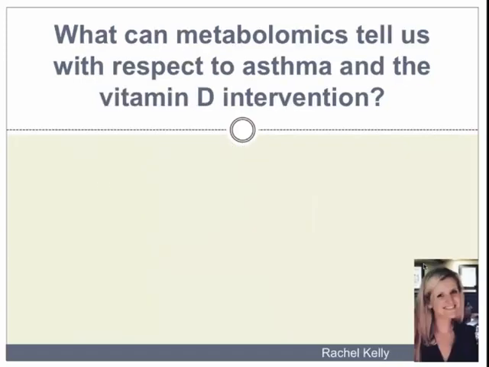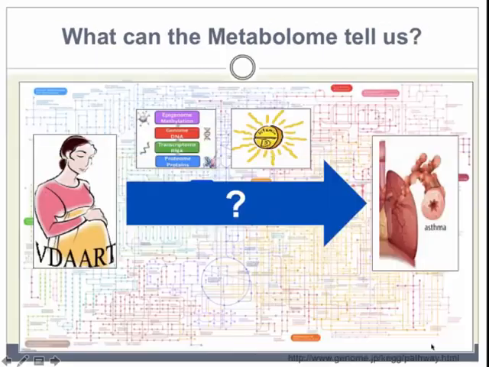So the next question we ask is, what can metabolomics tell us with respect to asthma and vitamin D intervention? And I just want to point out that this is really the initial intent of the trial, right? How can we see how vitamin D levels during pregnancy influence the subsequent development of asthma? And this work was done primarily by my postdoc, Rachel Kelly.